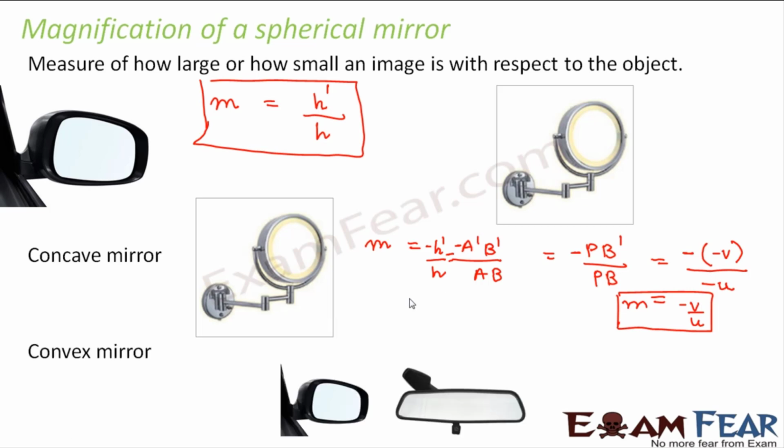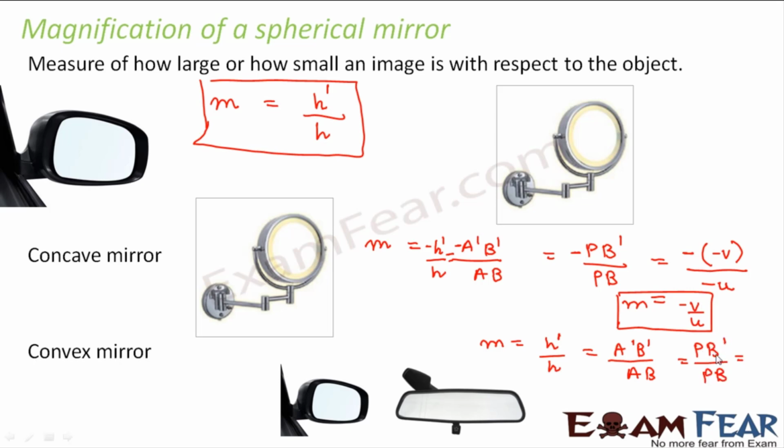Similarly, let us look at magnification for a convex mirror. For a convex mirror, since the image formed is virtual and erect, this will be h dash by h. So that means this will remain as A dash B dash divided by AB. So this will become PB dash divided by PB.